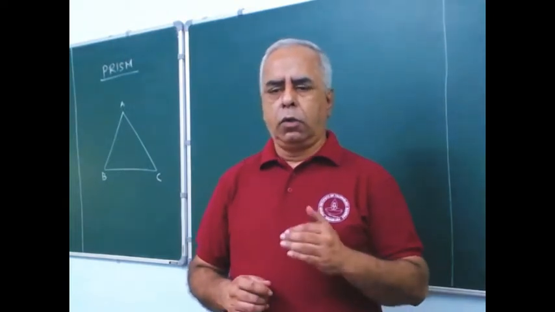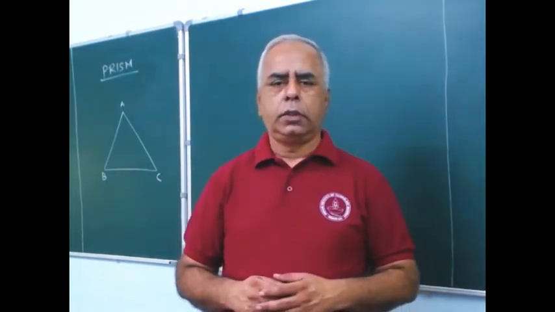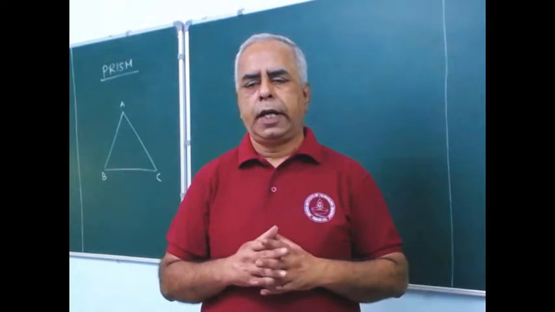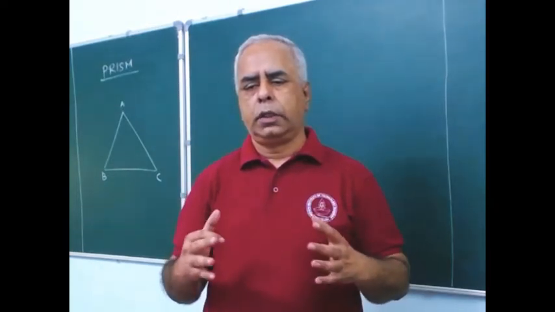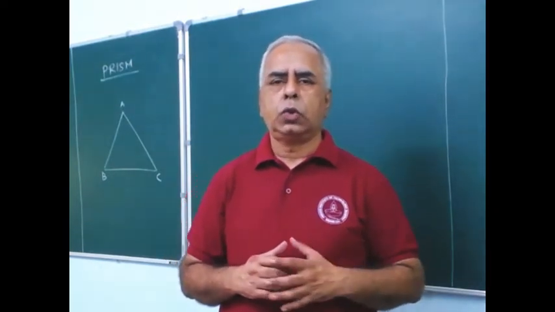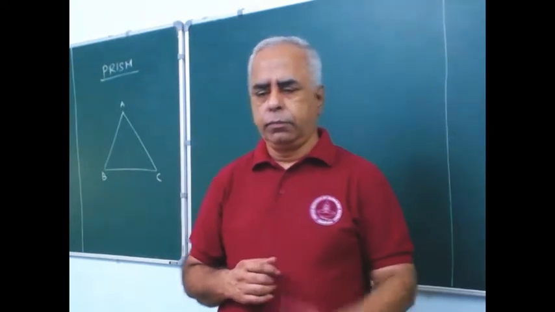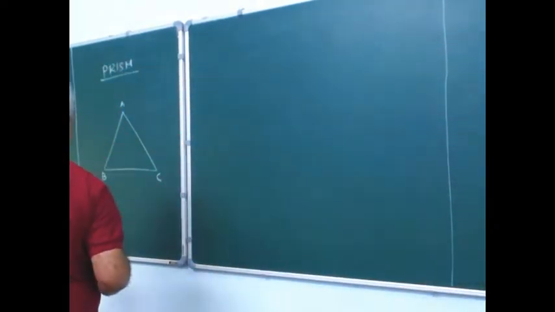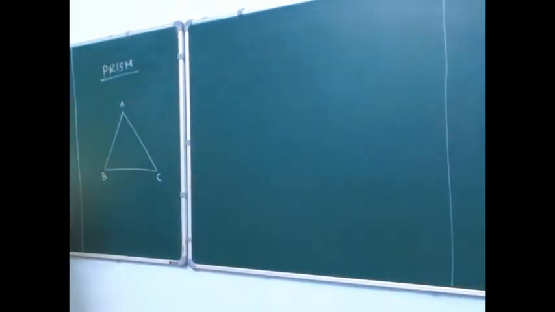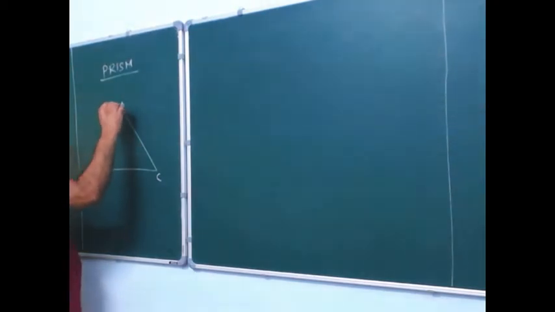Now let us try to draw the prism diagram and see what the important parameters associated with this prism are. So this is the prism, and A is the angle of prism. A, B, C represents the prism.